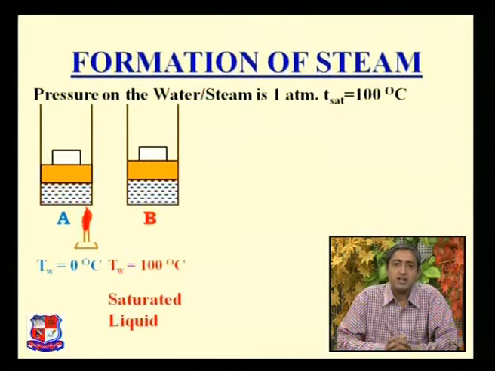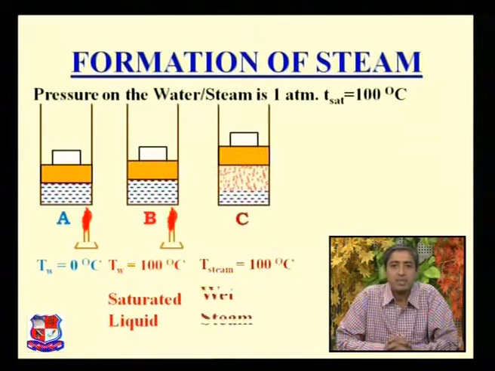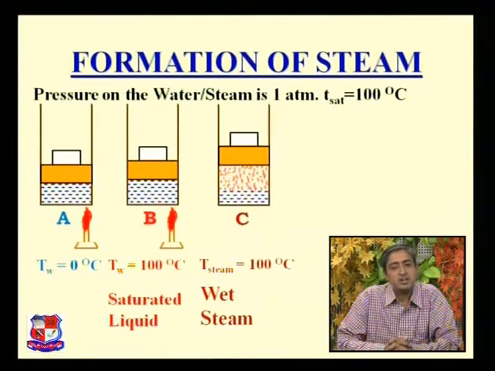Now onwards, actual formation of steam starts, and when we start heating again, some of the water is converted into steam and some of the water remains in liquid condition, and that condition is known as the wet steam. At that point, the temperature of steam is 100 degree centigrade, that is the saturation temperature, and at state C we get the mixture of liquid and evaporated liquid, that is the wet steam.